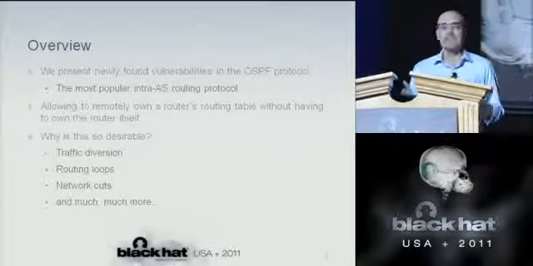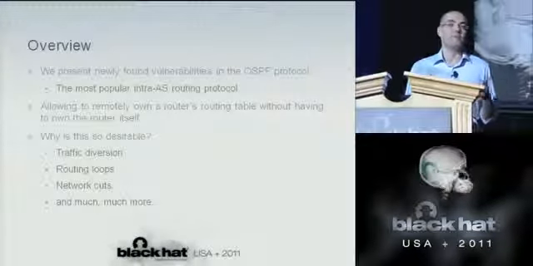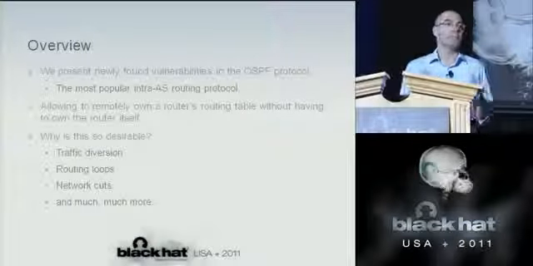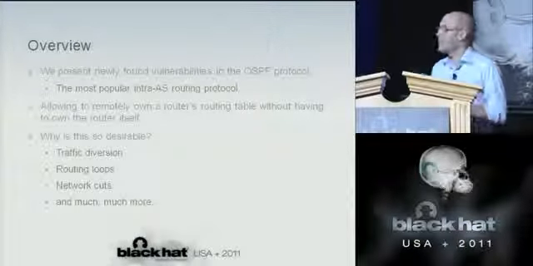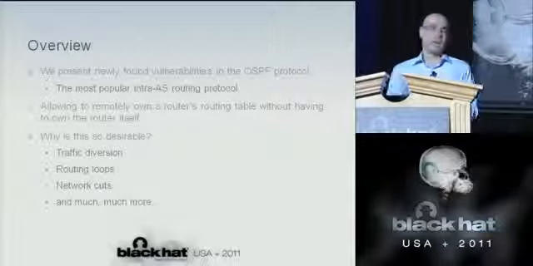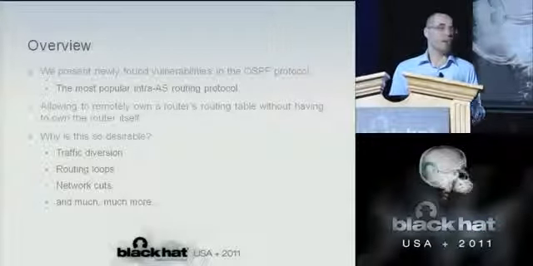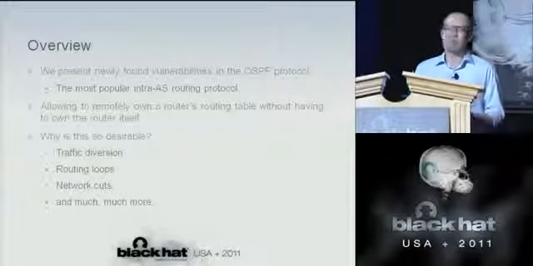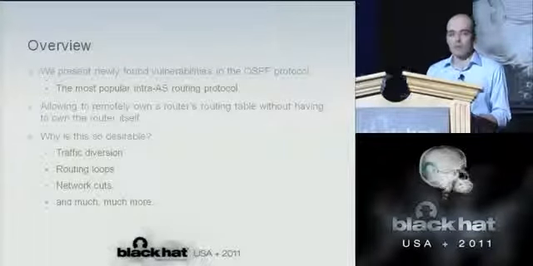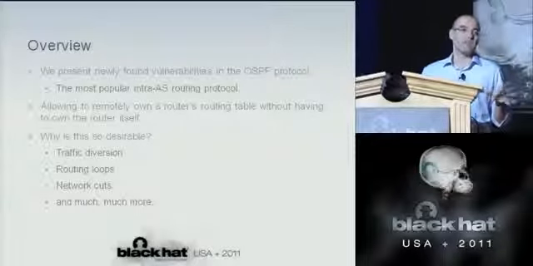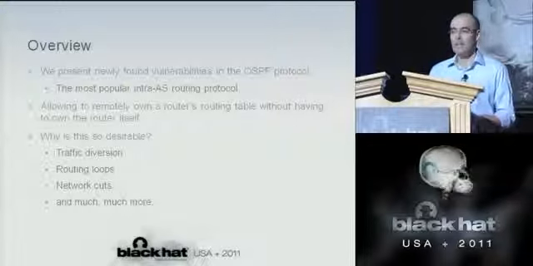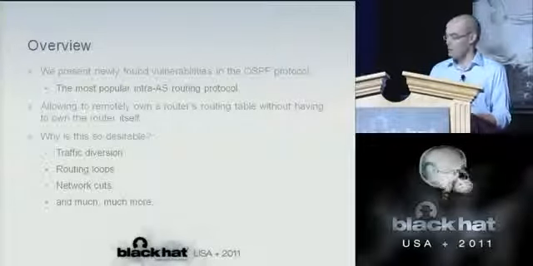It can also deny service to the entire autonomous system by inducing routing loops and network cuts. It can also deny service to a particular router by overwhelming it with traffic. Actually, the examples are endless. An attacker that controls the routing tables of other routers actually controls the entire routing of the autonomous system.